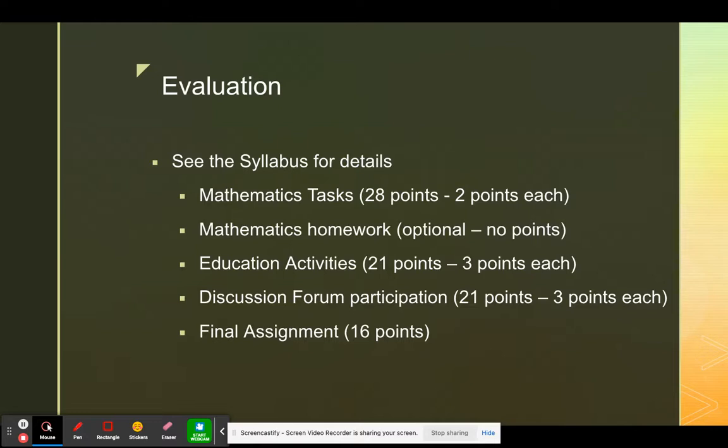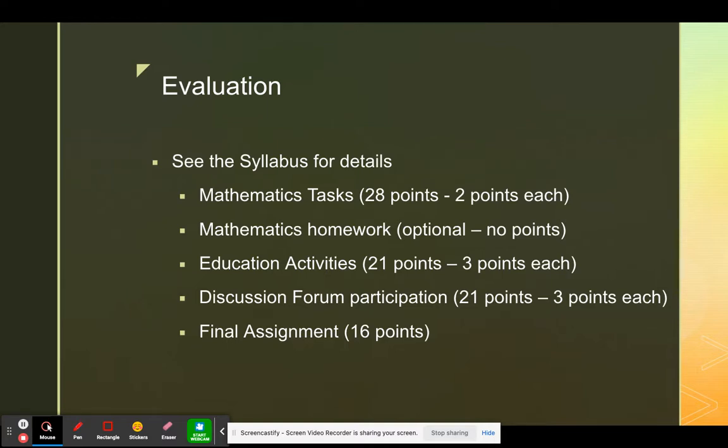As for evaluation purposes, the syllabus is available on Canvas under the syllabus tab that's on the left side of the screen. And if you have problems accessing that, please let me know, and I will try to help you out there. There will be 2 math tasks every week. Each of them will be worth 2 points apiece, that creates a total of 28 points.